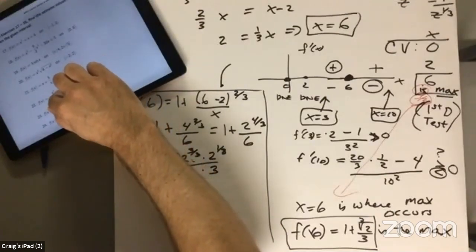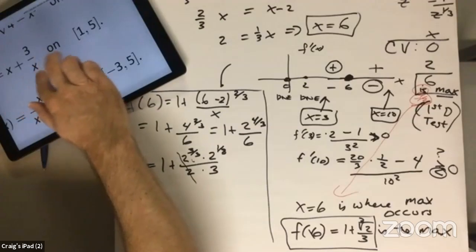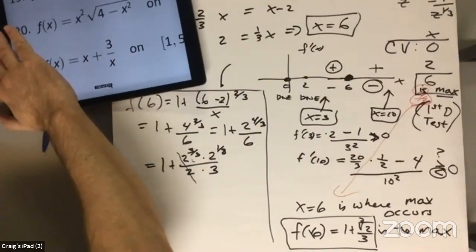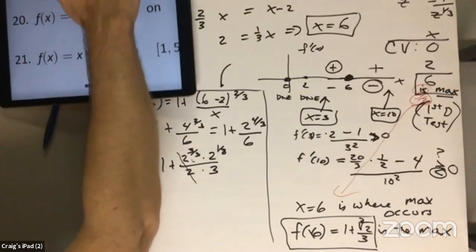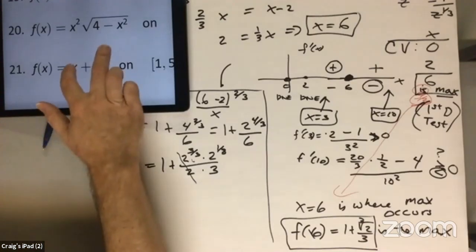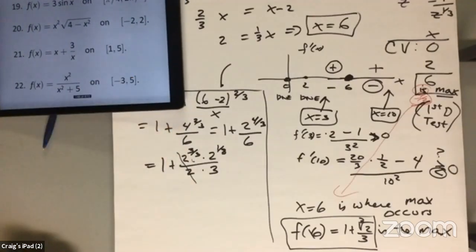Okay, so number 20, I'm going to find the extreme values of this function, f of x equals x squared times the square root of 4 minus x squared. But I'm actually going to limit it to the interval from -2 to 2.